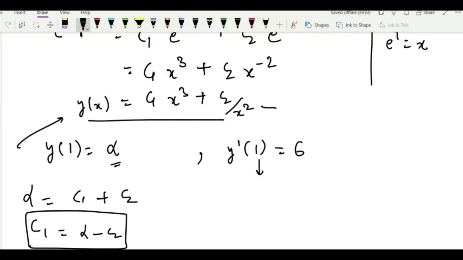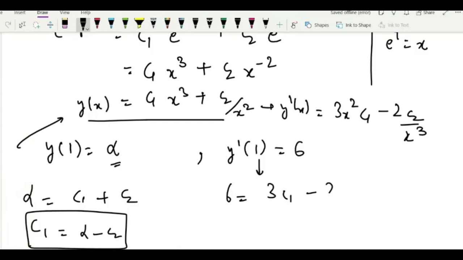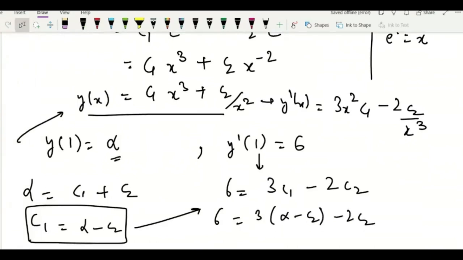So first take the derivative of this equation, y dash x. Y dash x is equal to 3x square into c1, and the derivative of this is minus 2c2 upon x cube. So when we put y dash 1 is equal to 6, 6 is equal to 3c1 minus 2c2. And when we put the value of c1 here, alpha minus c2, minus 2c2.